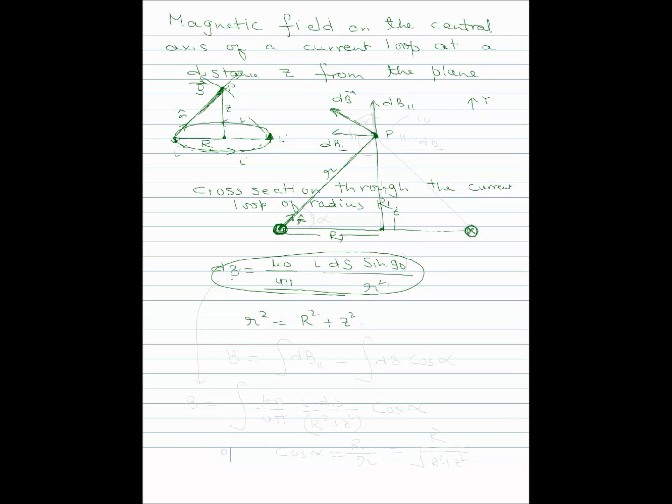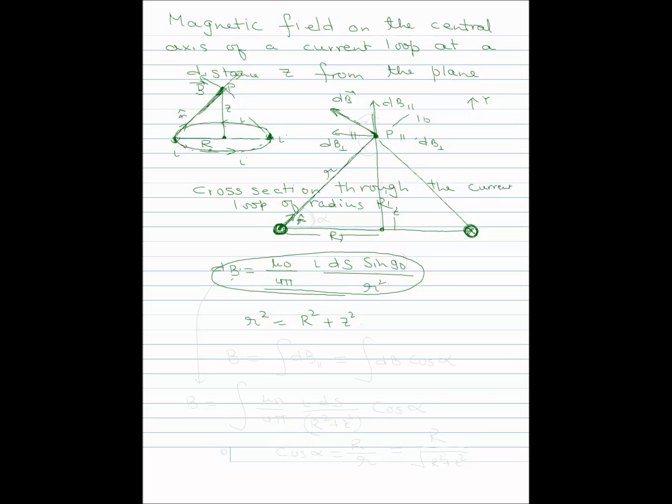And if I'm also looking at the contribution at this point P due to the current element here, then I have to look at the dB due to this particular element, and that would have a perpendicular component that will cancel this perpendicular component, and whose parallel component will add up with this.